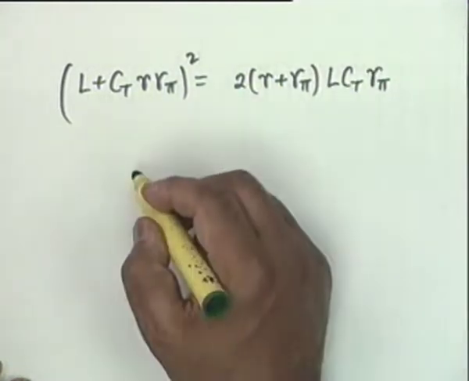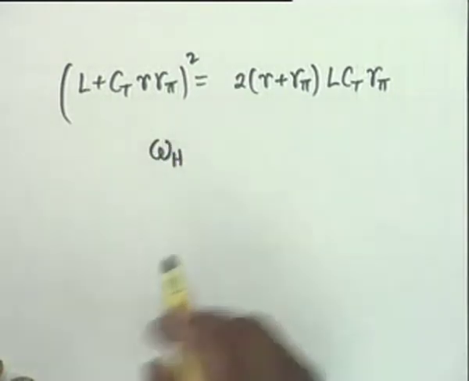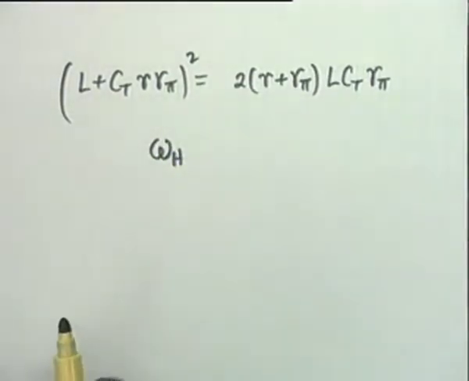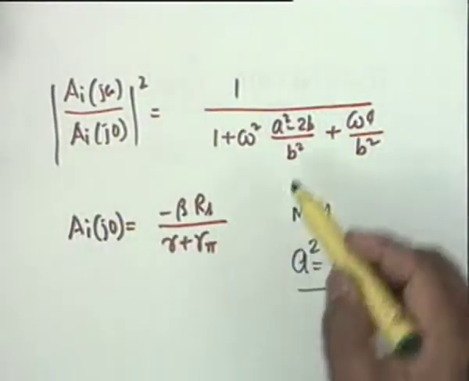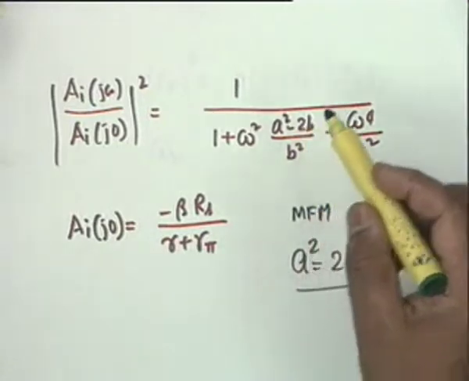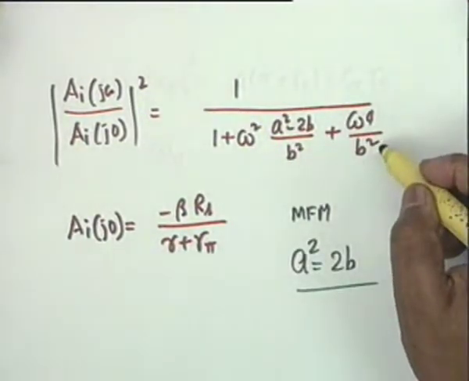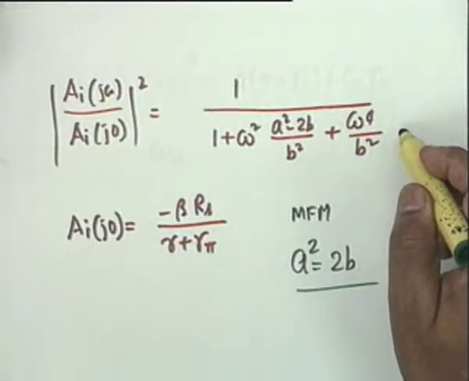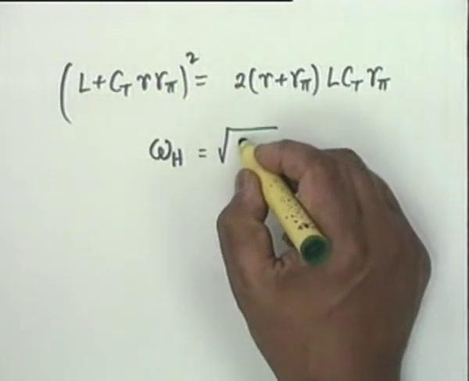This is one. And under this condition, what would be omega h? Look at this expression. This becomes 0. So the magnitude squared becomes 1 by 1 plus omega 4 by b squared. So this should be equal to 1. So omega h should be equal to square root of b.